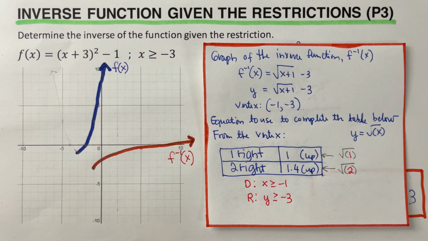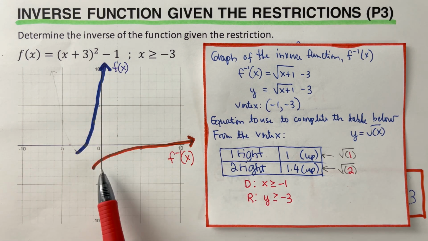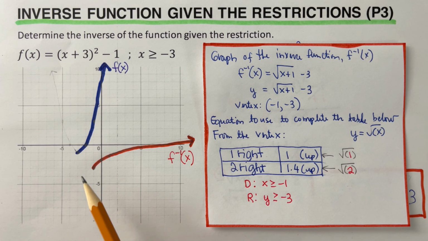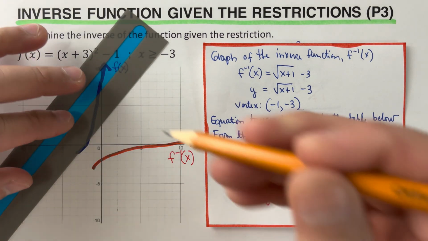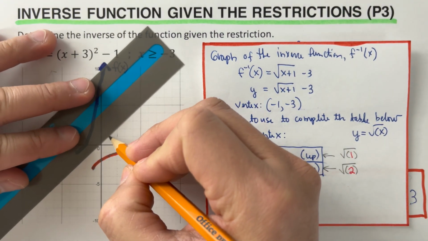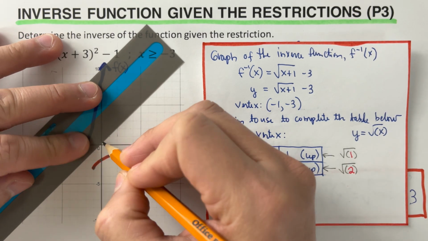Okay, so this is the graph of the restricted function, and this is the graph of the inverse function. As you can see here, these two graphs are symmetric with respect to the line of symmetry, which is y is equal to x. If we draw that line of symmetry right here and fold it through that line, it's going to match up.